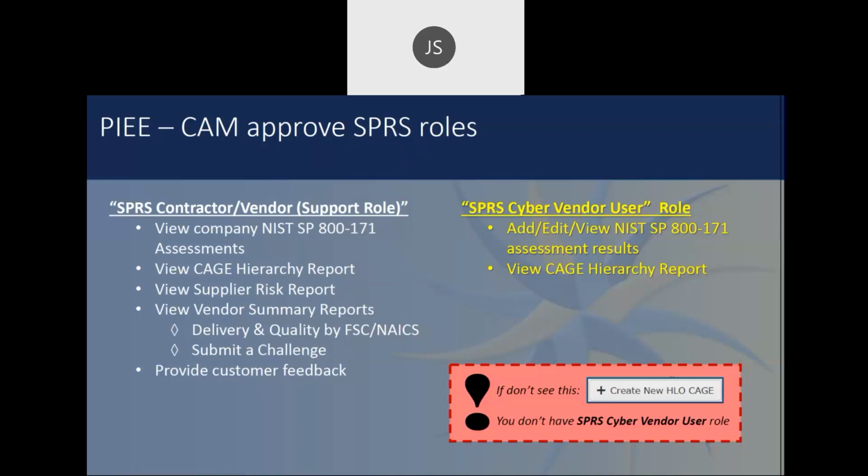If you don't see the create new HLO cage, you don't have the SPRS cyber vendor user role. So what that means is that you may have the left role, the SPRS contractor vendor role. You can go to NIST, but you can quickly see that you're not able to add assessments. The reason why, you don't have a SPRS cyber vendor role.